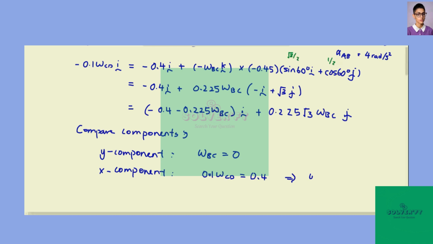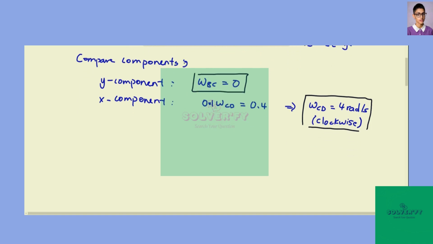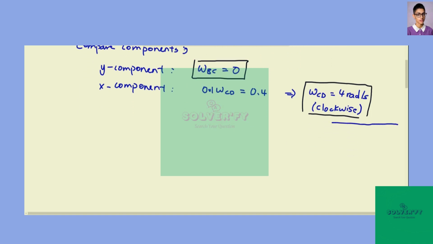This gives omega CD equals 4 radians per second, and this is clockwise. So here are the answers for the angular velocities for rods BC and CD. Next we move to the angular acceleration.